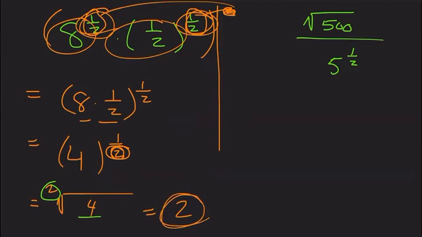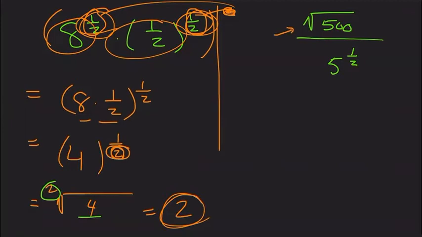Now let's try this one on the right-hand side. So square root of 500, is that a perfect square? I don't think it is. I don't think 500 is a perfect square, but in any case, the same thing should stand out to us. Basically, that we have the same exponent on both of these. This one's just a little bit more twisted up because this top one, it's written as a square root.